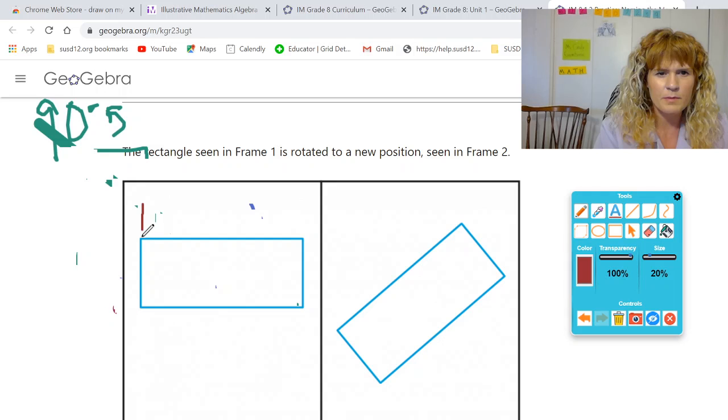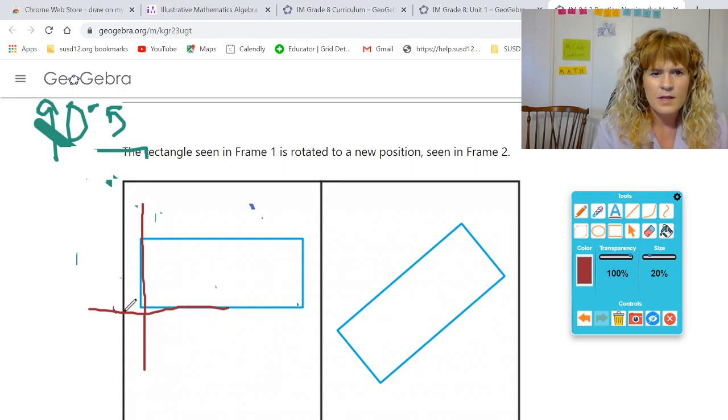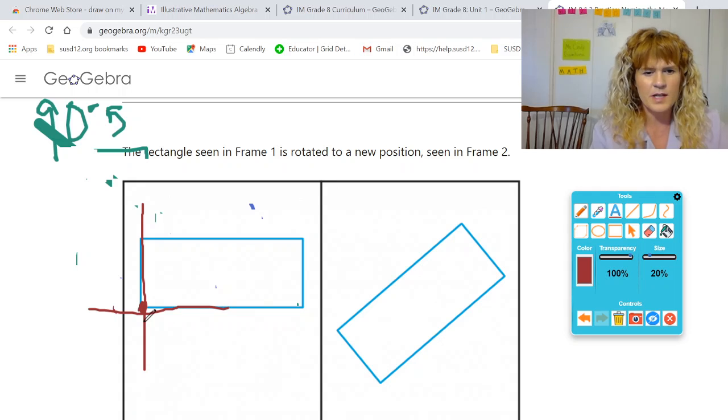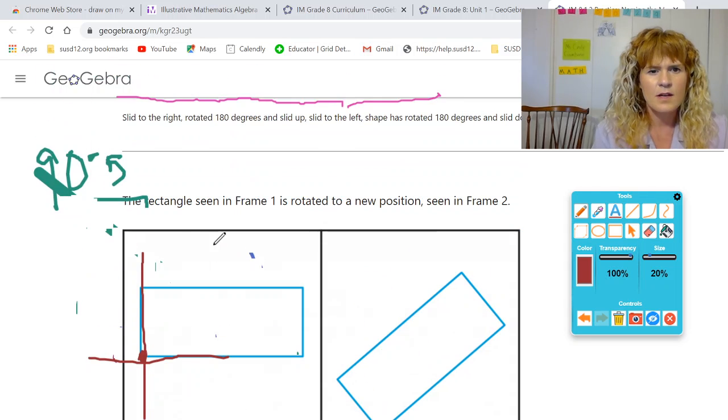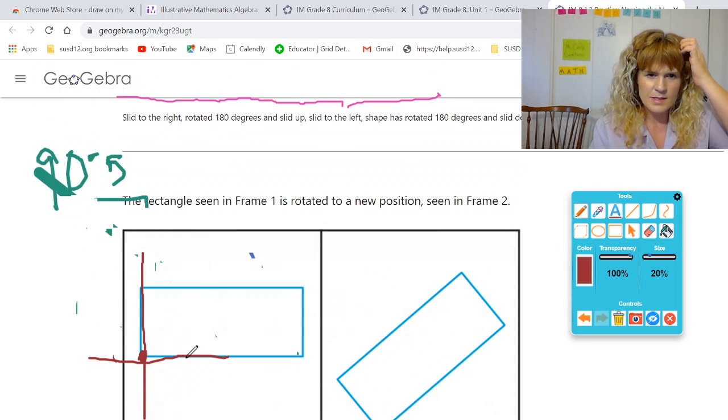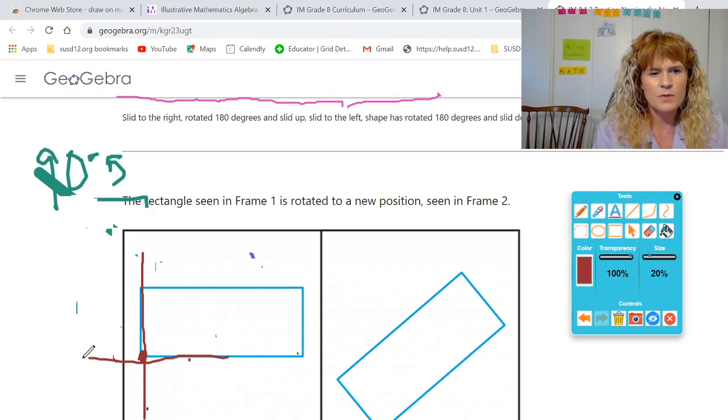Okay, so I'm going to put my axis right here so that that corner is on my center of rotation. And it says 140 degrees clockwise. Okay, so this is 90 degrees, and this is 180. Let me write that here.